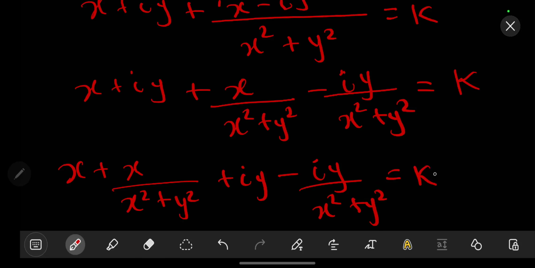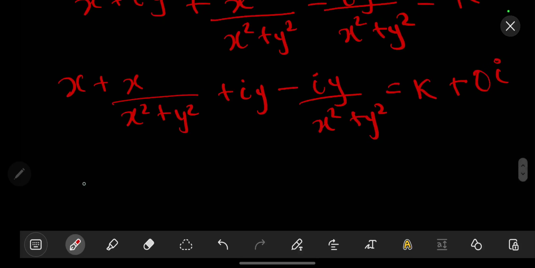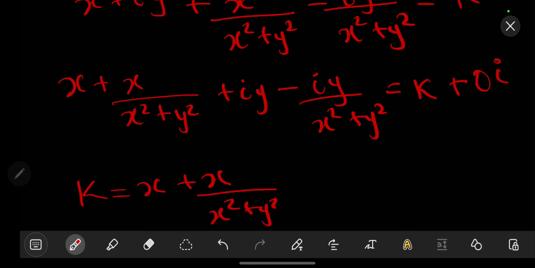So remember, k is real. It means that even though the imaginary part is there, the only thing is that it's equal to 0. So this is the imaginary part. As we can see, our k is equal to our x plus our x over x squared plus y squared. This does not help us identify our problem, but let's look at our imaginary part.